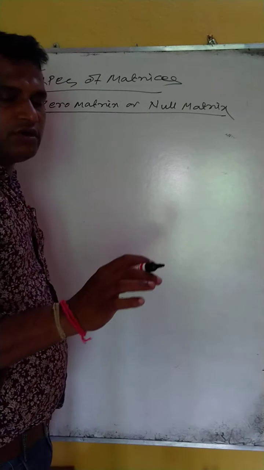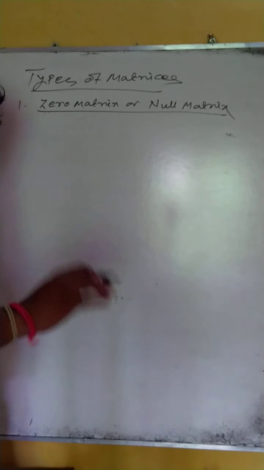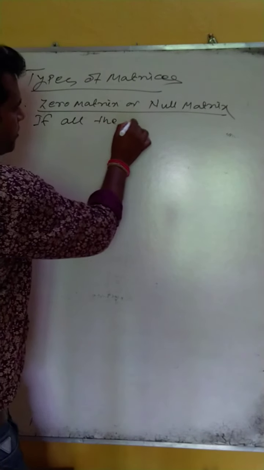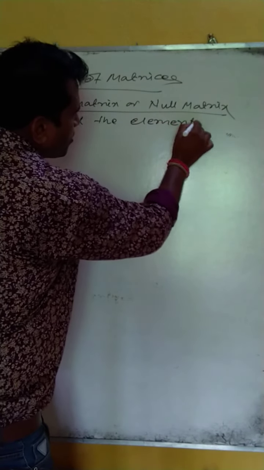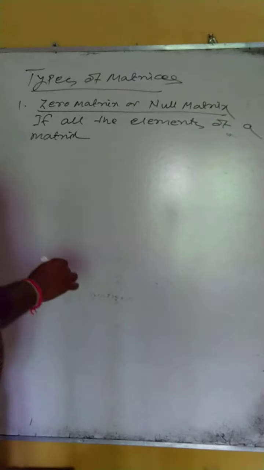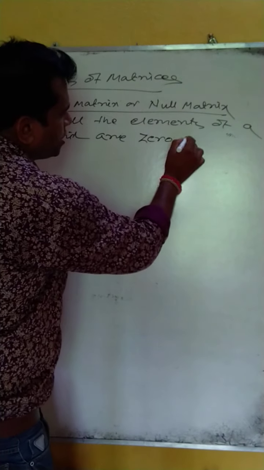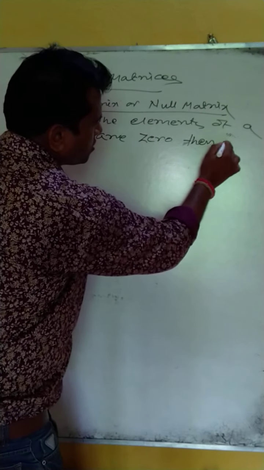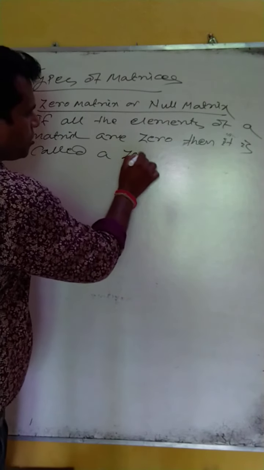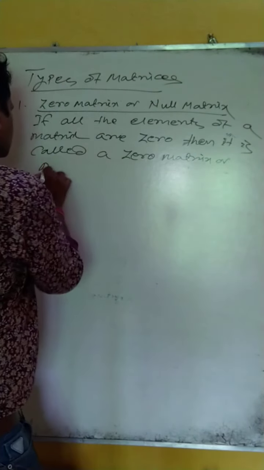If all the elements of a matrix are zero, then it is called a zero matrix or null matrix.